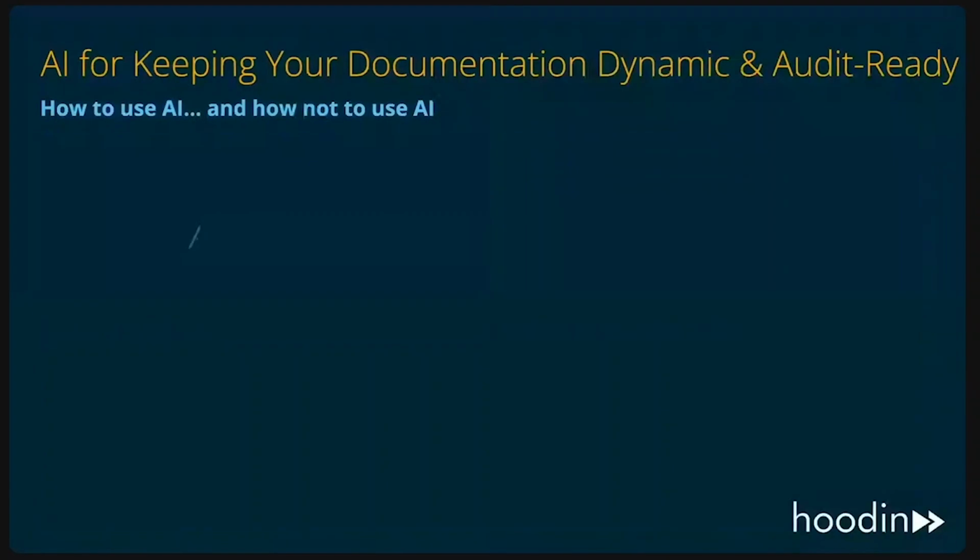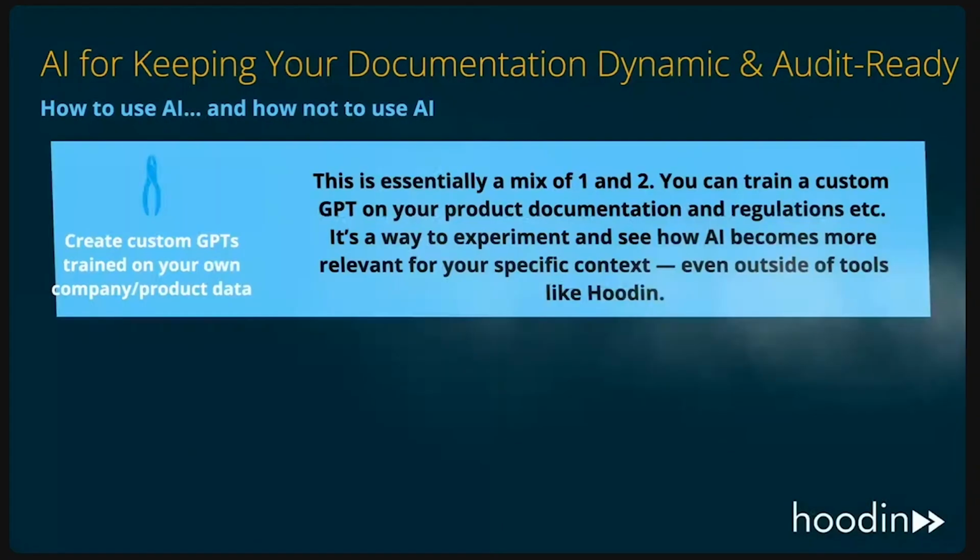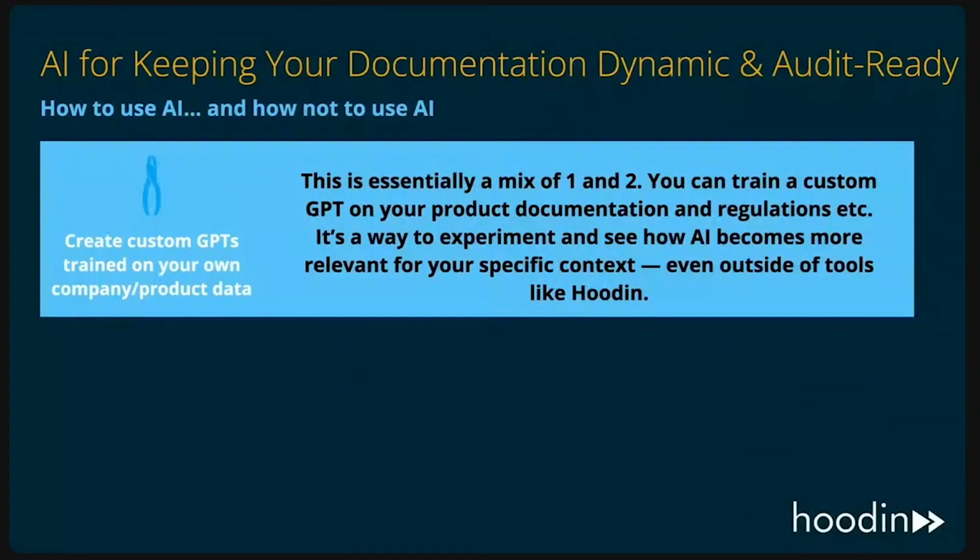So that's search. And then create custom GPTs trained on your own company product data. So this is probably most likely a mix of one and two, and you can train a custom GPT on your product documentation and regulations, etc. Be careful and check your policies internally whether you may upload those kinds of documentation or not.